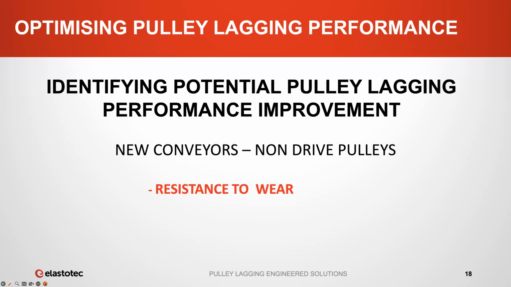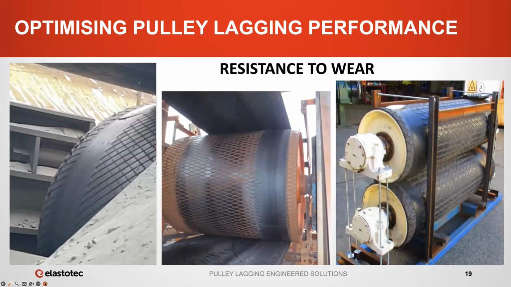The first is resistance to wear. And these photos show some examples of wear on non-drive pulleys. More often than not, the wear on the non-drive pulleys is localized rather than uniform across the pulley.